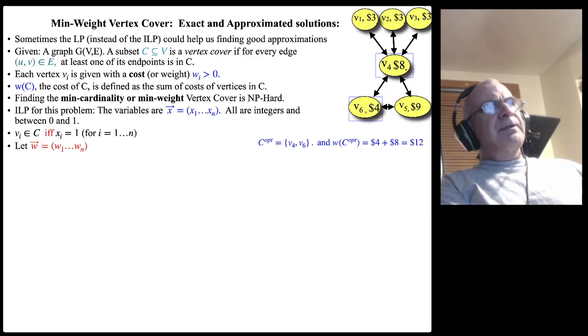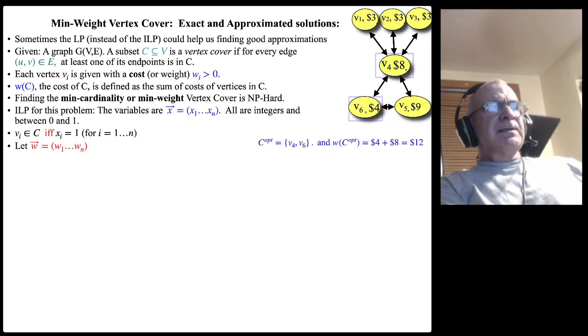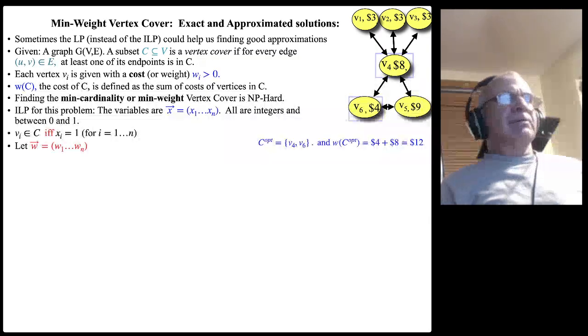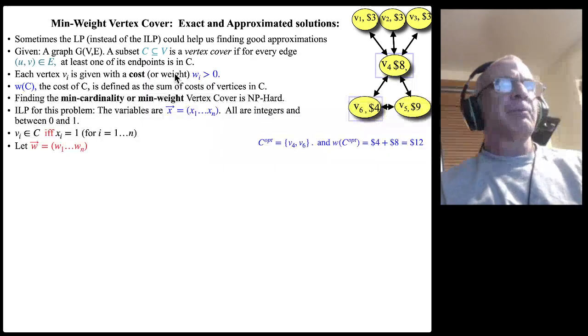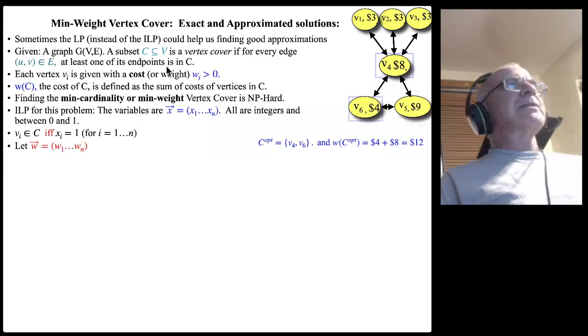After that, we will go back to the unweighted vertex cover problem, and we'll see that not all algorithms have to be complicated, that the minimum cardinality vertex cover can be solved very easily and very fast with the same level of approximation, giving a factor 2 approximation, not more than twice.